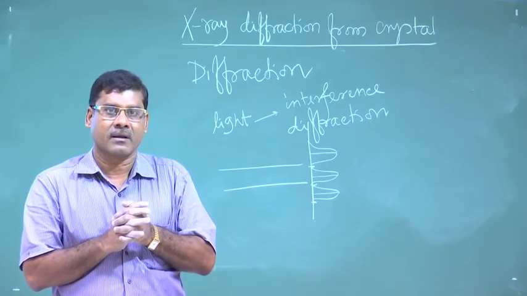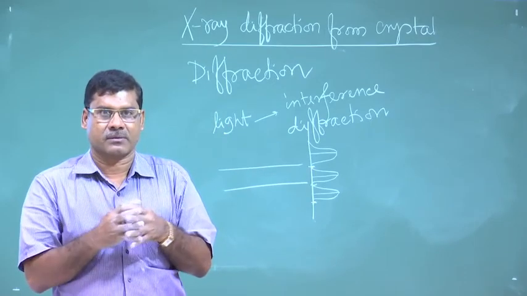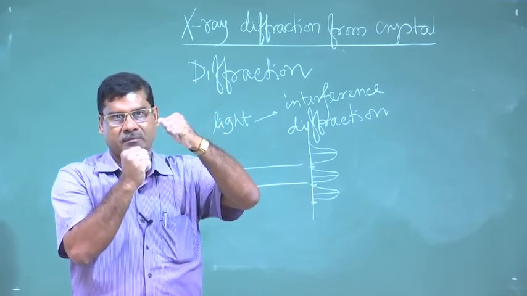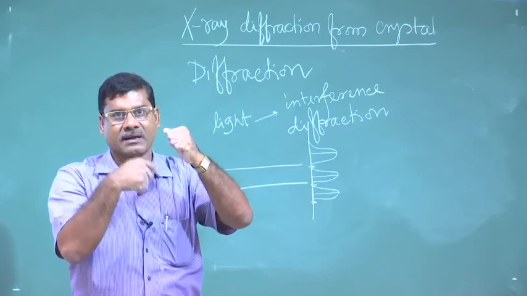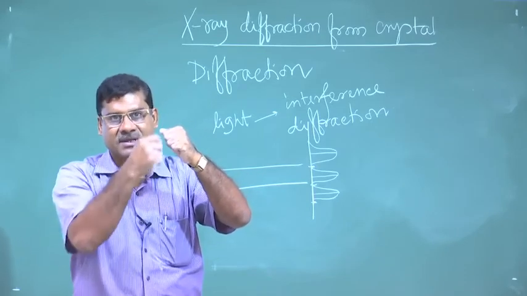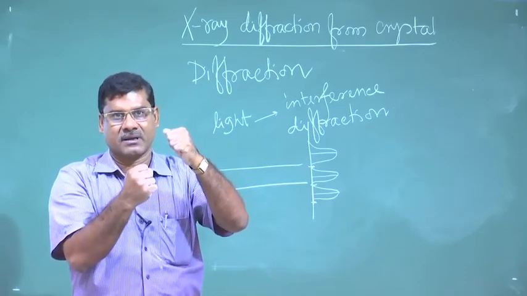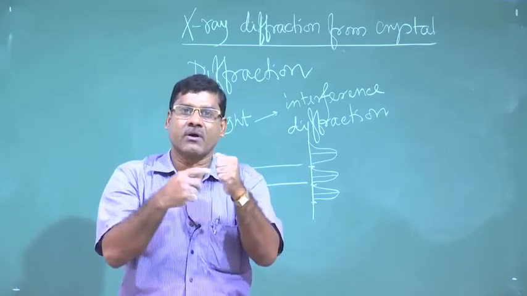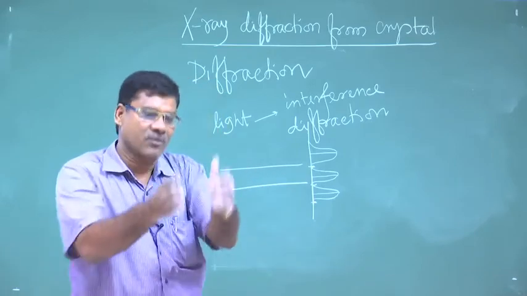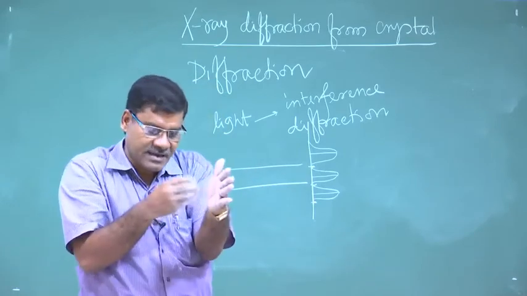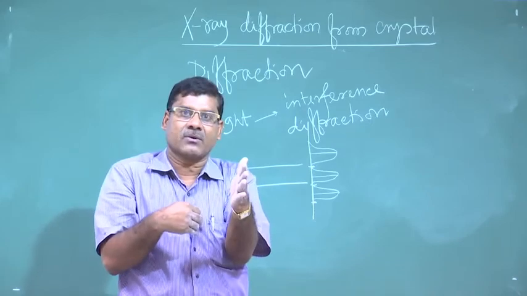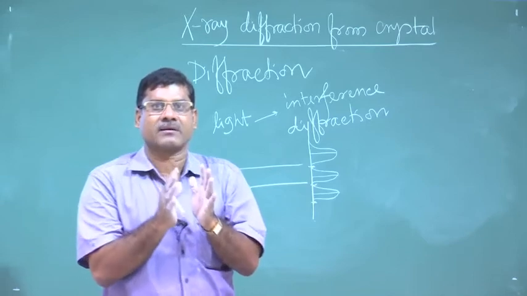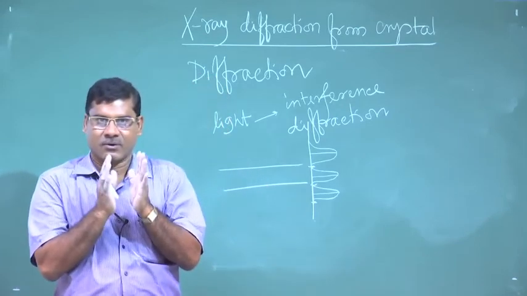What is coherent? For coherent waves, the phase difference between these two waves remains constant with time. It will not change with time. The waves are moving, but whatever the initial phase difference between these two, all the time this phase difference will remain the same. Then we say they are coherent sources.